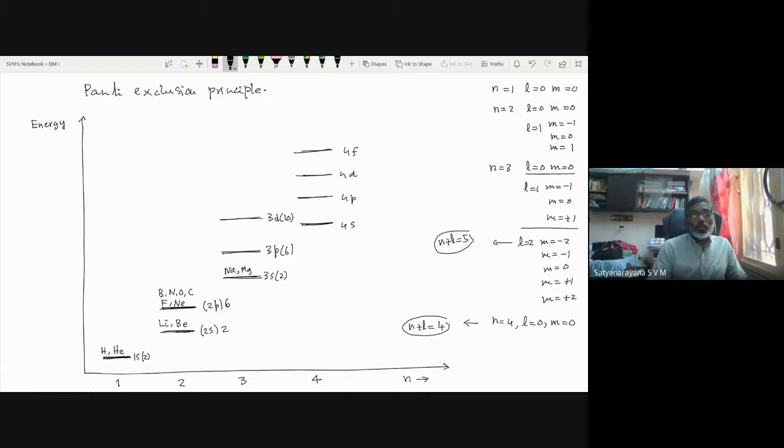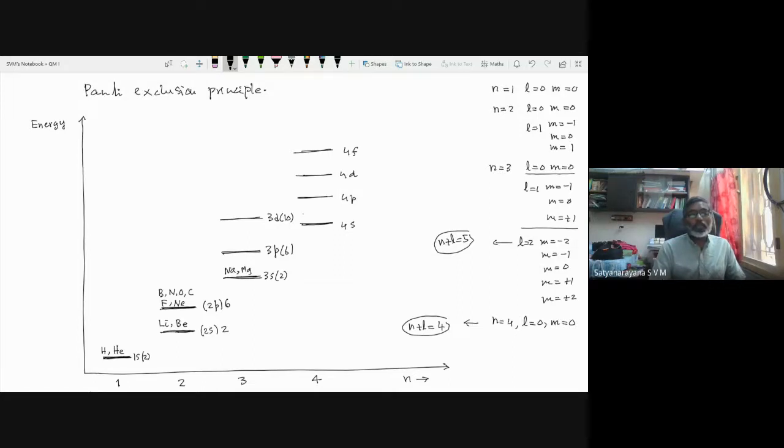And now you can populate. So I think there are elements where instead of going to 3d after 3p6, that means after argon, you will have potassium and calcium occupy 4s.